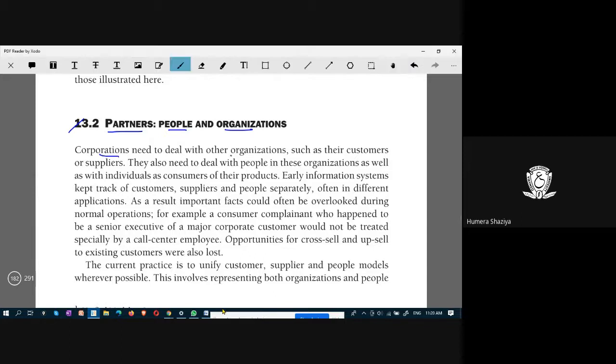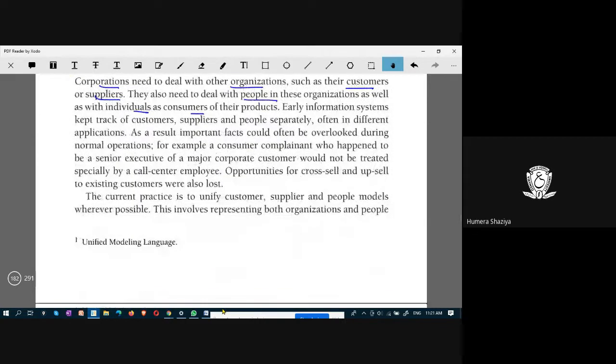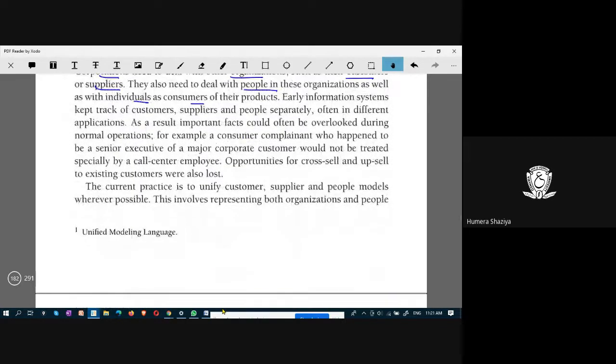Corporations need to deal with other organizations such as their customers or suppliers, and they also need to deal with people in these organizations as well as individuals who are the consumers of their products. Early information systems kept track of customers, suppliers, and people separately.